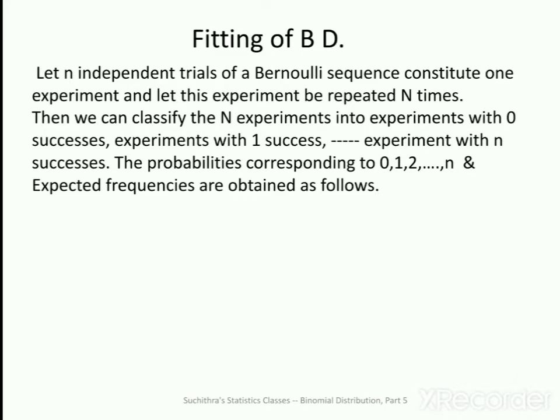Then we can classify the capital N experiments into experiments with 0 success, experiments with 1 success, experiments with n successes, etc. The probabilities corresponding to the values 0, 1, 2, etc. n and expected frequencies are obtained as follows.